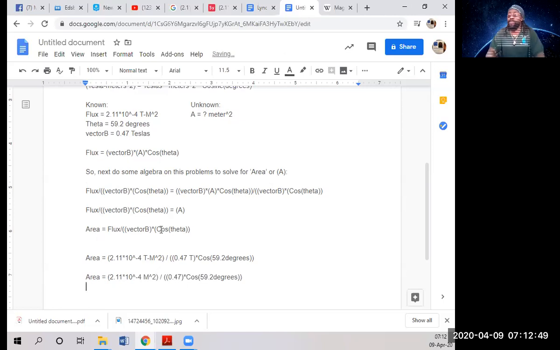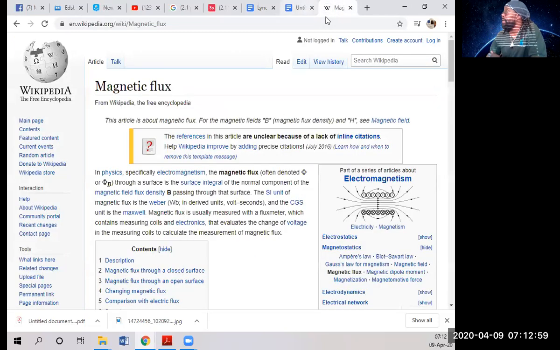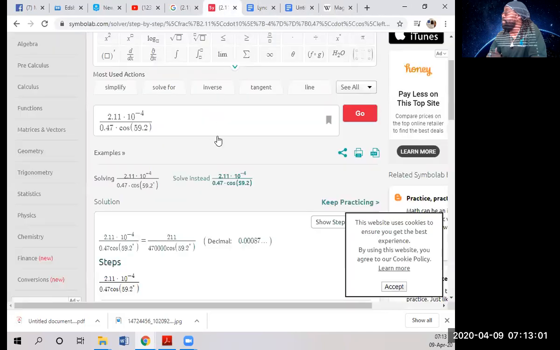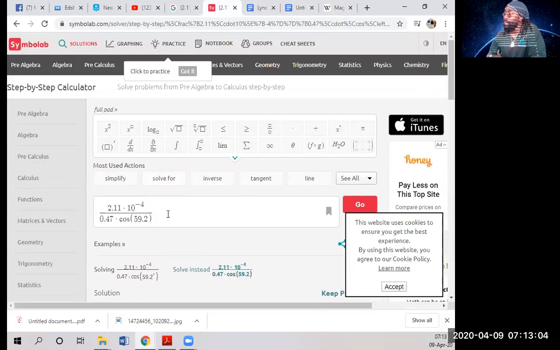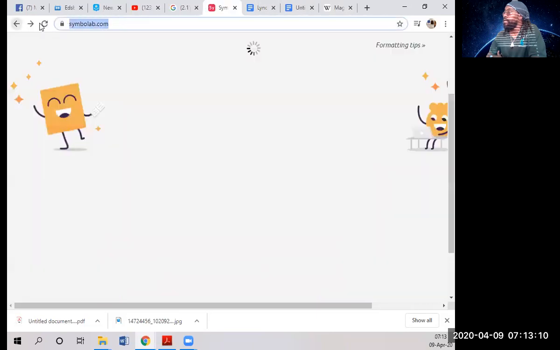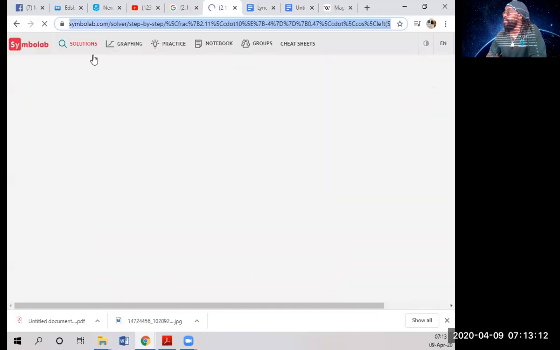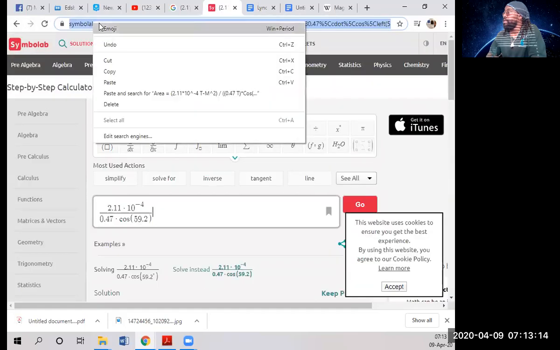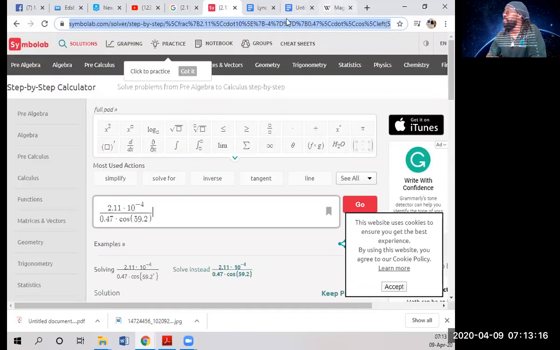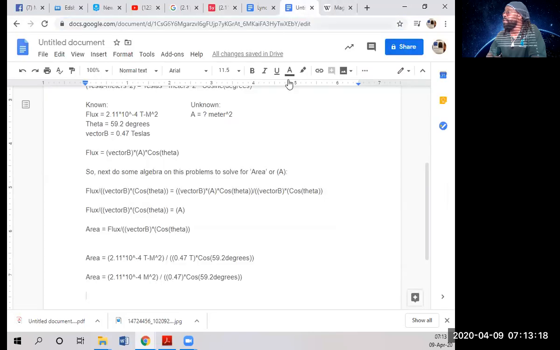And this is the portion where I show you how to use Symbolab, an online app for phone, computer, or tablet, where you can type up your calculations. So let's see if I can find it. I did it earlier. And this is the website Symbolab, right? Put the link in here so you can see it. Oh, I messed up. Yeah, still got my computer, got my original calculation.